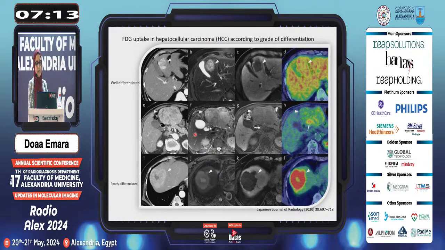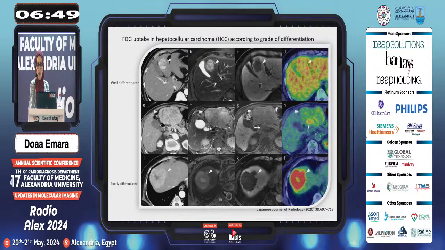It's logical that different pathological tumors have different grades of uptake in FDG PET-CT. But what about the same pathology but with different grades of differentiation? I mean that this is moderately differentiated or well differentiated, and this is poorly differentiated HCC.